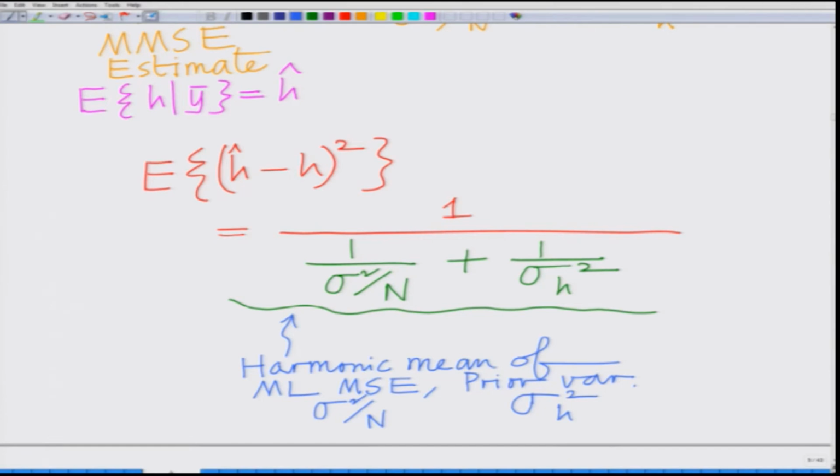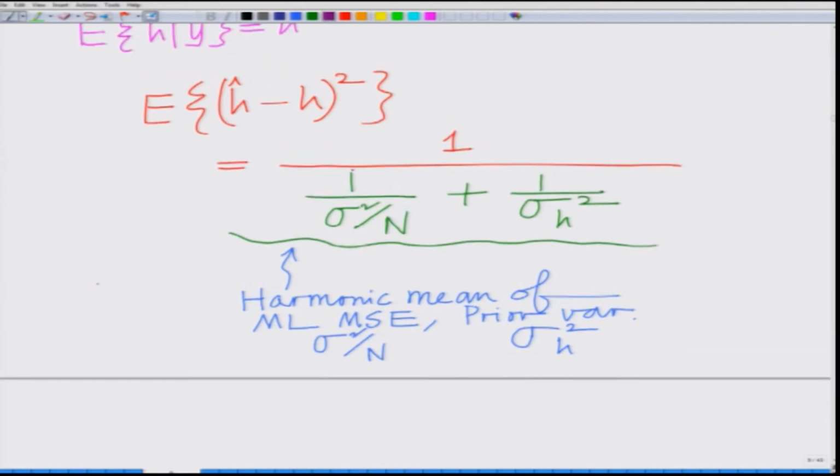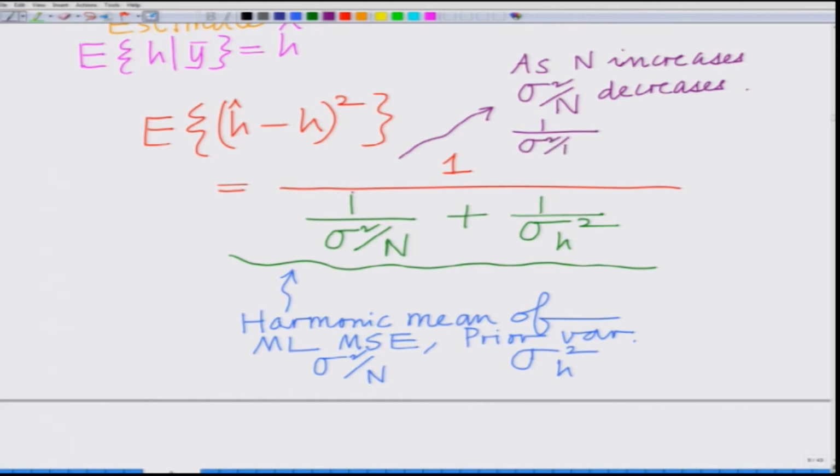Now you can observe an interesting thing. Let us look at the behavior as n increases. As n increases, observe that sigma square over n decreases. Therefore, 1 over sigma square over n increases.